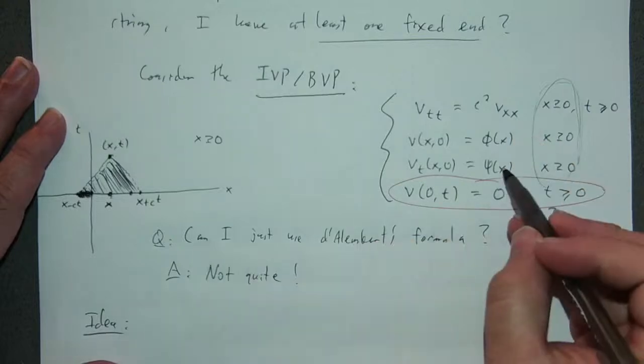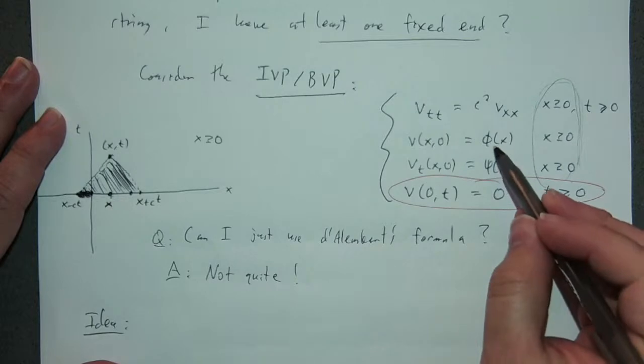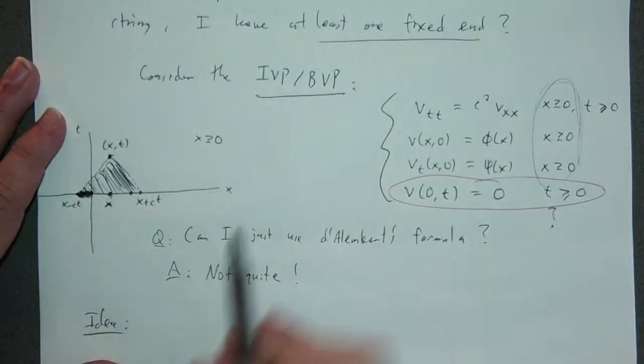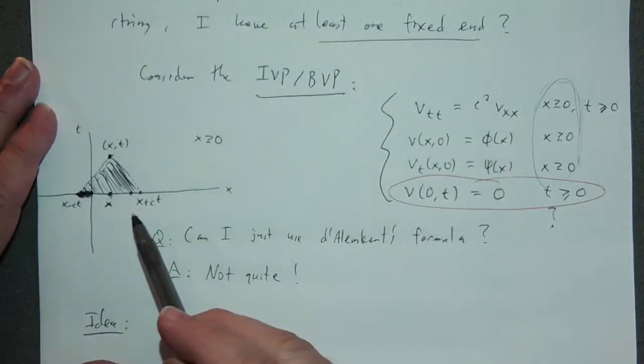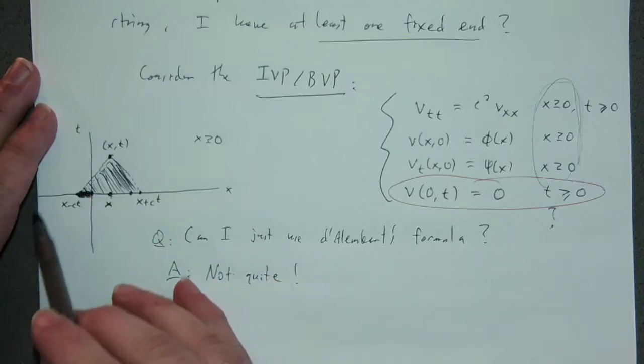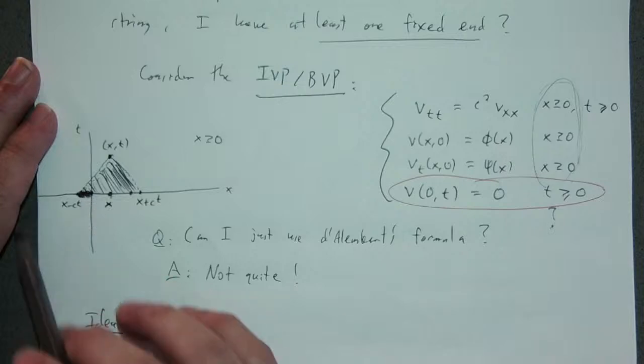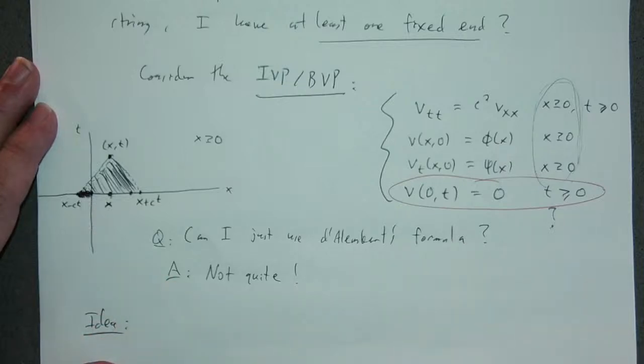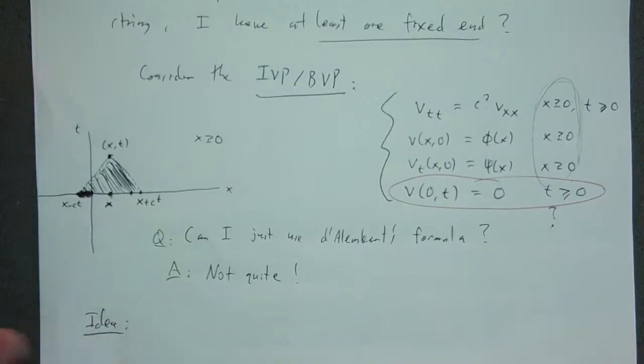If I have some graph for phi or psi here, to extend it I symmetrically draw the graph in a way that forces the extension to be an odd function. Of course, you might say, why did you choose odd instead of even? We'll talk about that in a little bit. Yes, I could have done the even extension all the same, but I'm going to do the odd extension here.